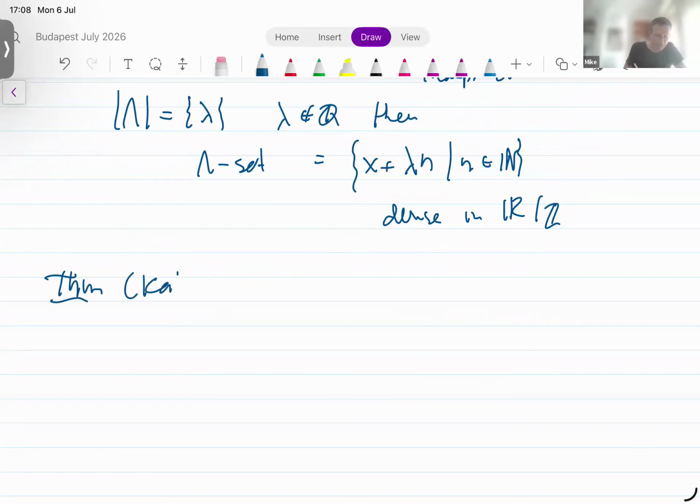This is Katz-Nelson, I think from 1979, if I'm not mistaken. I'm quite unsure of the date though, but I think that's the case. And he proved two things.